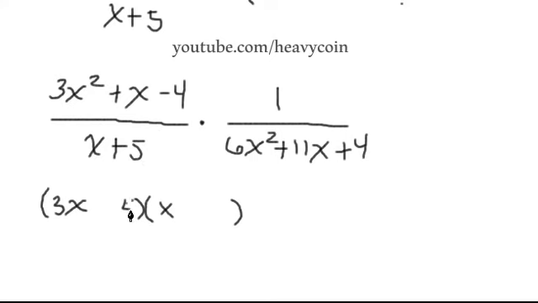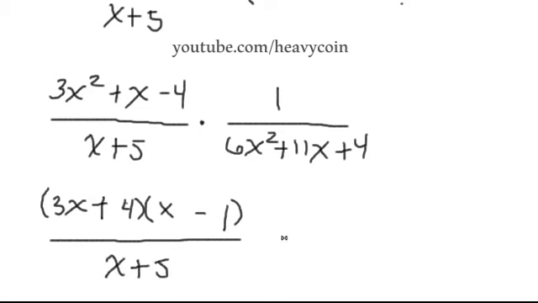Yeah, I'm going to put a 4 here and a 1 here. This is a plus, so we're going to make that a plus and that a minus. So 4 times negative 1 is negative 4. Alright, so 3 times negative 1 is negative 3, and then 3x plus 4x will give us 1x. Okay, good. And then that's going to be over x plus 5 times 1 over.